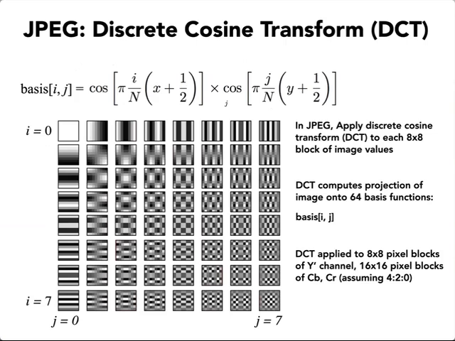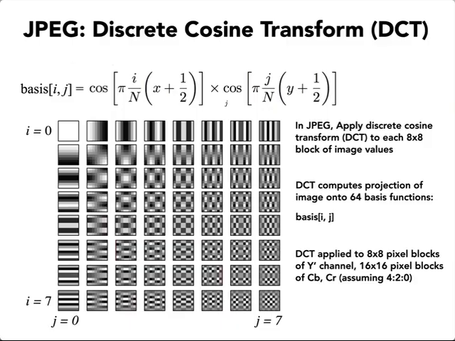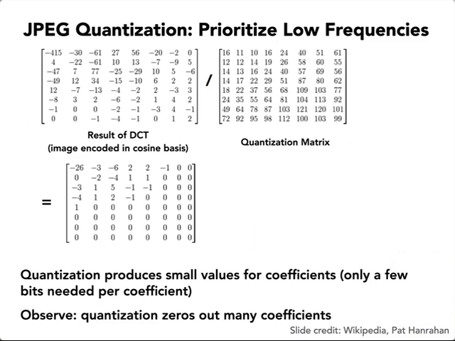It takes the original 8x8 patch, takes its projection onto these basis functions. Let's say then you get these coefficients. These are the weighted values that we multiply these basis functions by and add them all up in order to arrive at the original 8x8 block of pixel values. So these are just the coefficients for those basis functions.